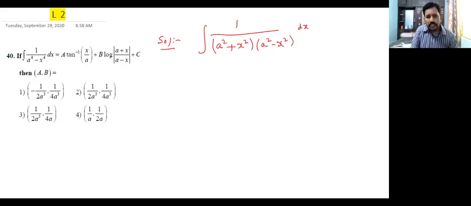Splitting into partial fractions is a lengthy method, so let us go for an alternative method. I am going to divide and multiply by 2a square.